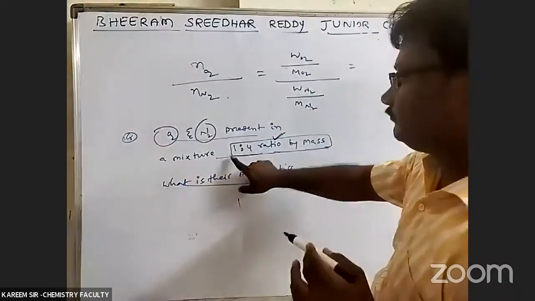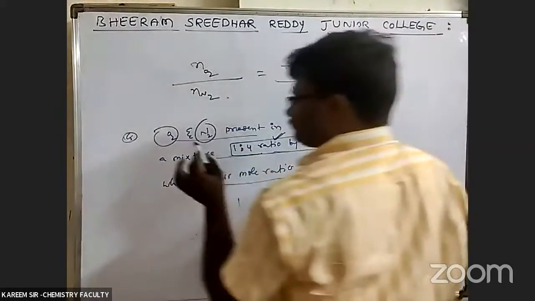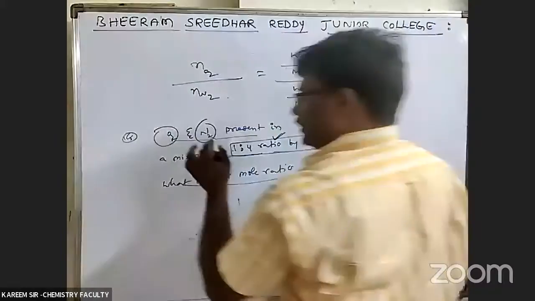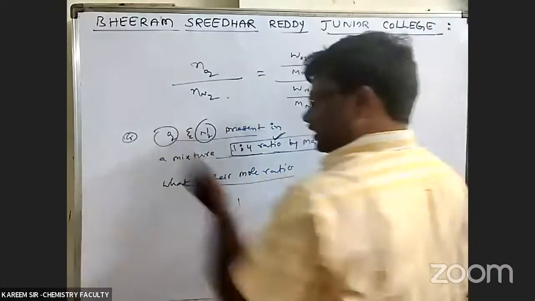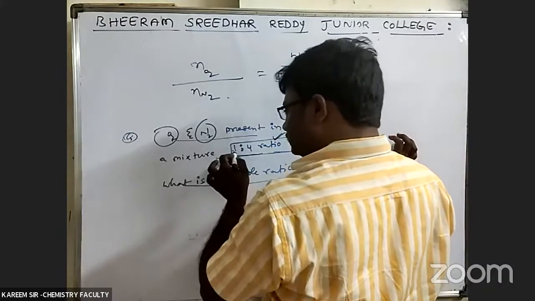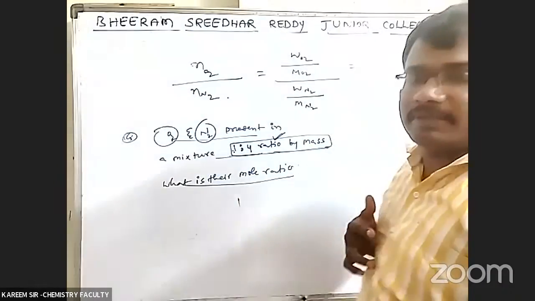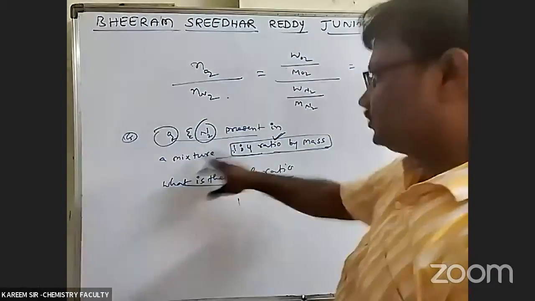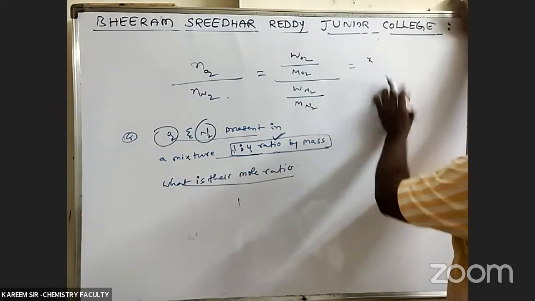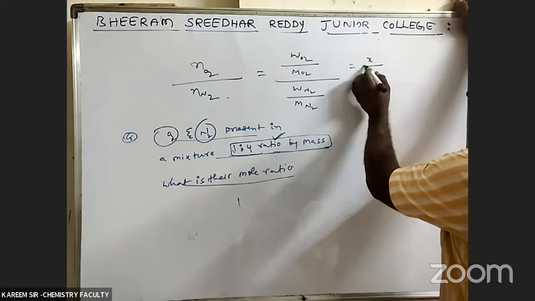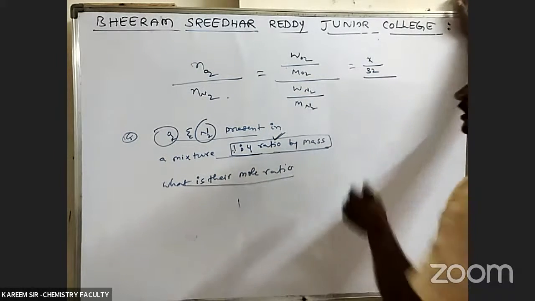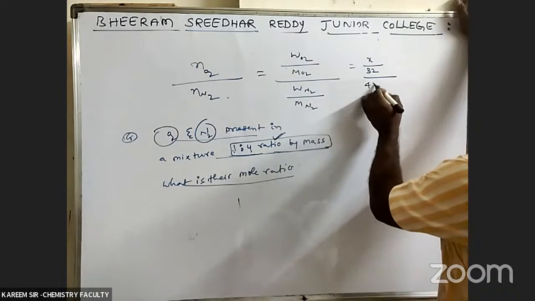Suppose oxygen is present in 1 gram, nitrogen is present in 4 grams in the mixture. If oxygen is present in 2 grams, nitrogen is present as 8 grams, like that, 1:4. Suppose oxygen is present as x, and its molecular weight is 32, a fixed molar mass, and nitrogen is present 4x times.